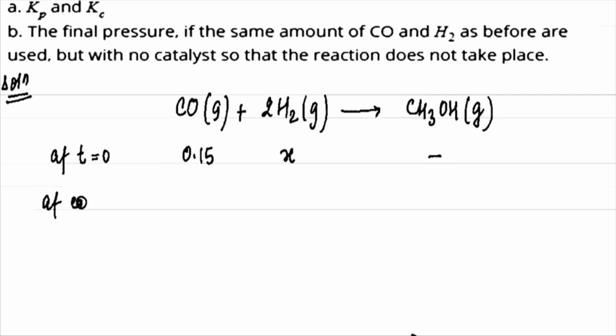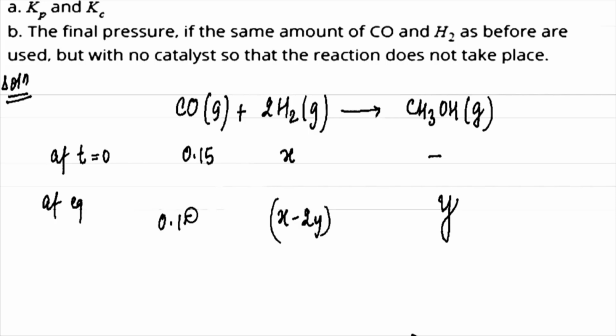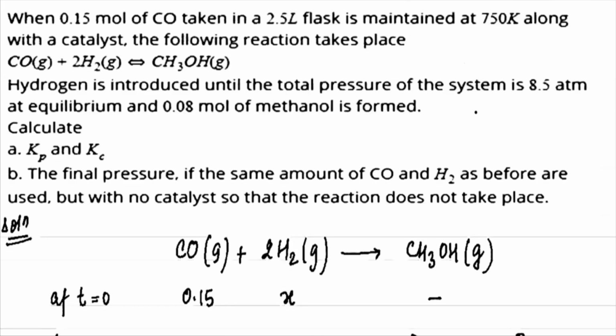Now, at equilibrium, let us assume Y moles of methanol has been formed, then X minus 2Y moles of hydrogen must have been used and 0.15 minus Y moles of carbon monoxide must have been used, right? Now in the question itself it is given that we have 0.08 moles of methanol that has been formed.